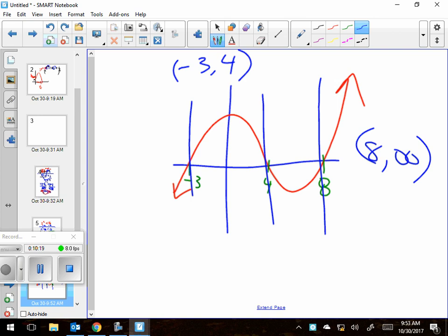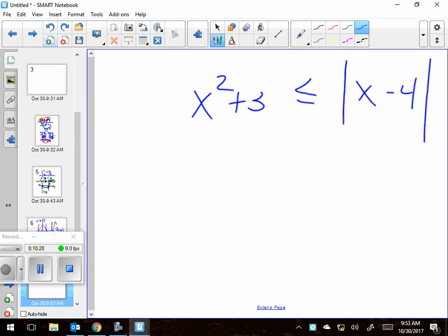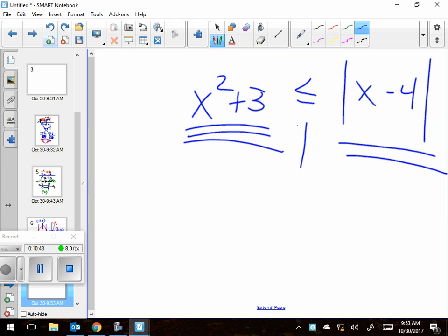It's good to think of these as pictures because when we start doing this, life gets really complicated if you're just going to do it algebraically. But if I need to just figure out where is this picture less than or lower than this picture, it won't be hard at all.